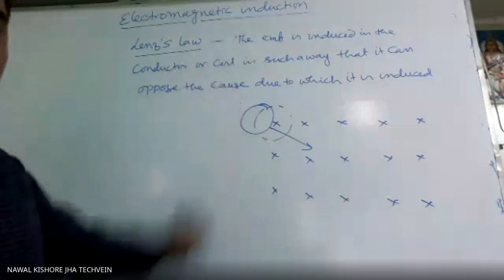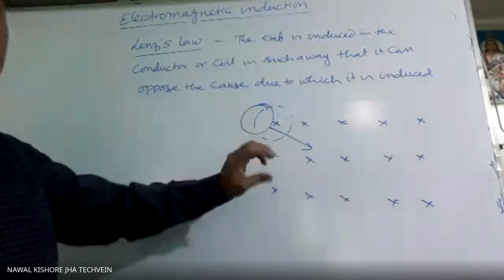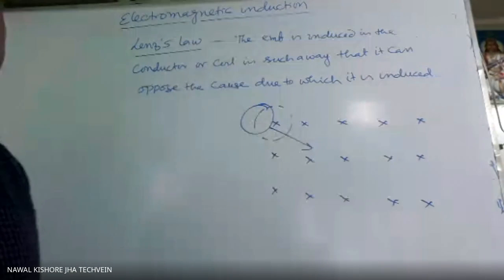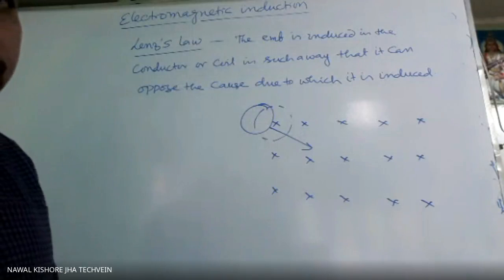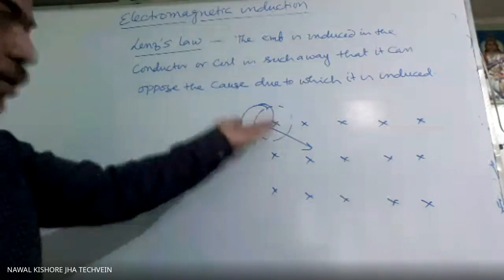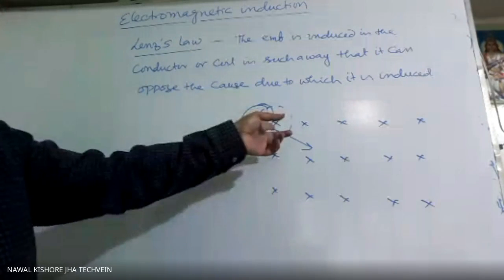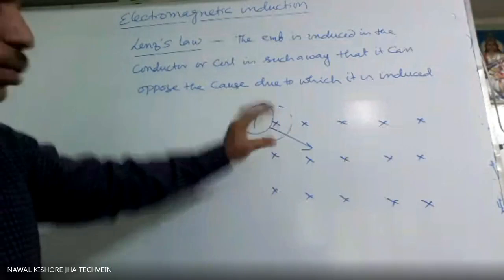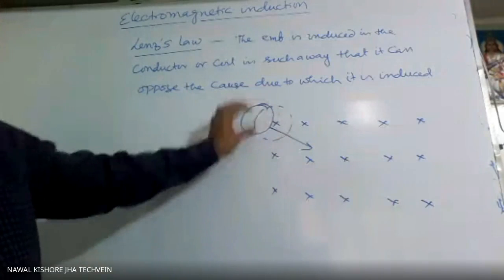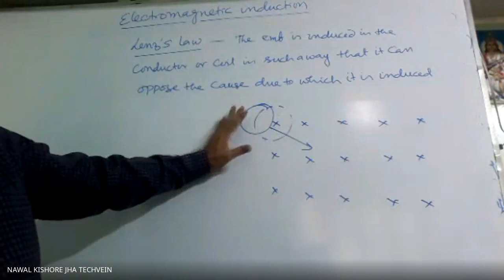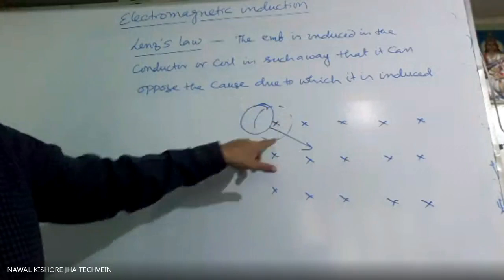Now, according to Lenz law, this EMF will be induced in such a way that it can oppose the cause. And what is the cause here? The inward flux is increasing, or inward magnetic field is increasing. So the current will be produced in such a way that it can decrease this magnetic field.